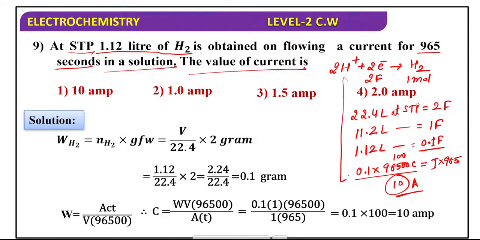You can go like this or you can go like this, because you know it is 1.12 liter of hydrogen, and you have to find out first how much that is equivalent to in terms of grams. In terms of volume, you can go like this.